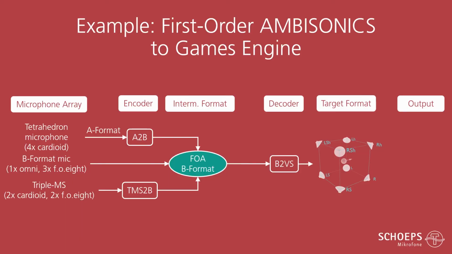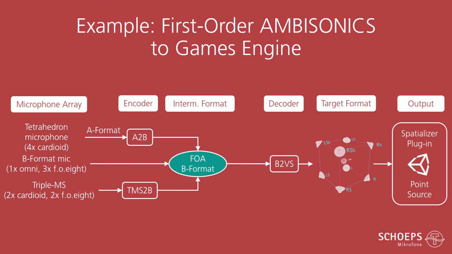And then if you have that, so you decoded this ambisonic signal to the virtual speakers, you can take all of those virtual speaker signals and put them in Unity on a certain spot, and thus give them separately to the Spatializer. And the Spatializer will take care of it and transfer it to a head-tracked binaural signal.